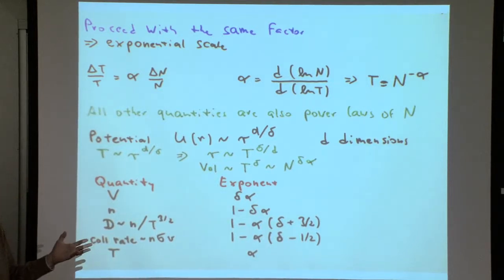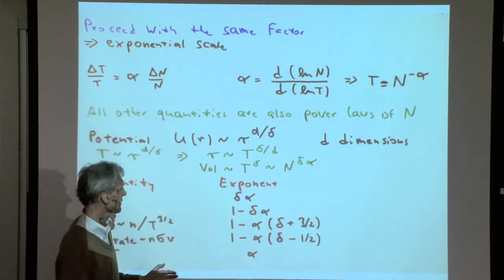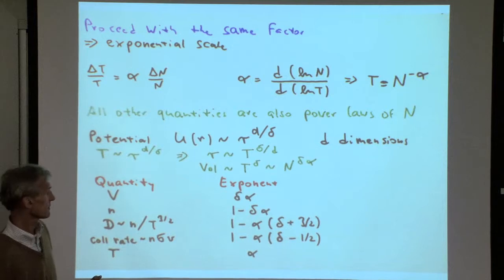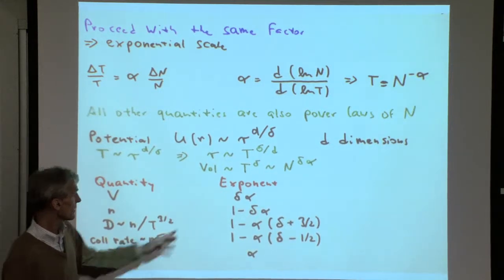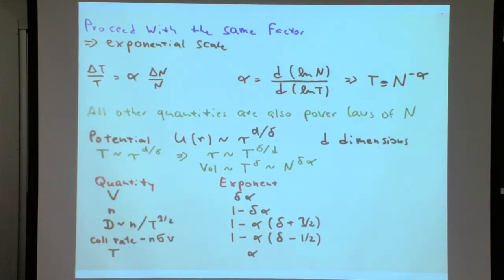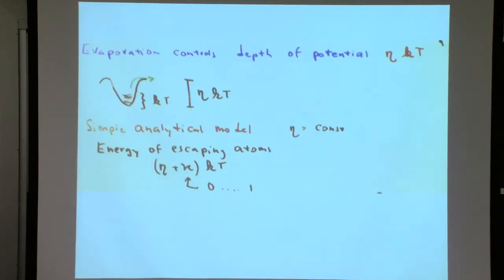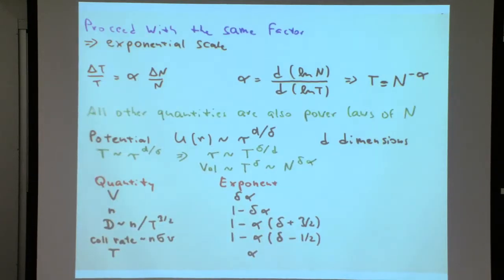So everything scales with N to the alpha, and all the coefficients are given here. So the question is, what is alpha? Delta is our trapping potential. Once we know alpha, we have a clear prediction of what evaporative cooling can do for us.